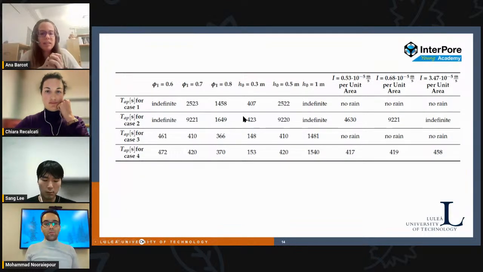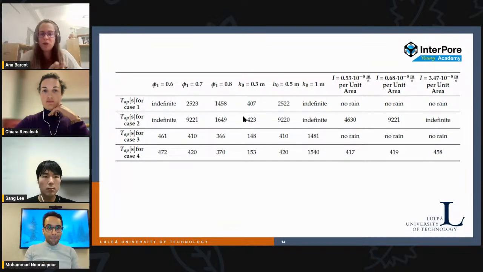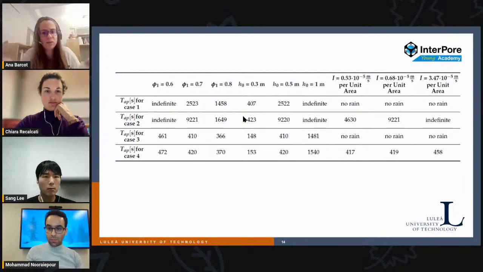Here we can see that the permeability of the ground plays a crucial role, and therefore, when it comes to stormwater management, this is a very important factor when we think about urbanizing the ground.